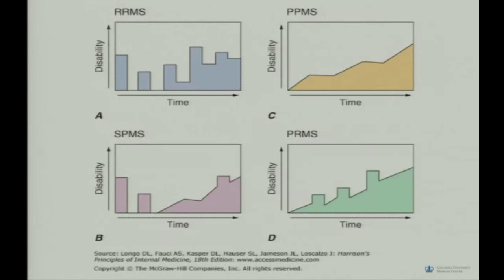So the initial onset can actually be somewhat mild, but the disability just steadily progresses with time. They may experience some plateaus, some periods of accelerating symptoms, but they never really experience that full or even partial return to normal. With every worsening symptom, that just becomes the new norm, and it only gets worse.